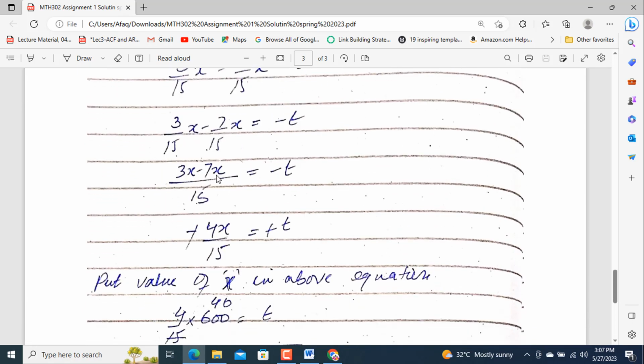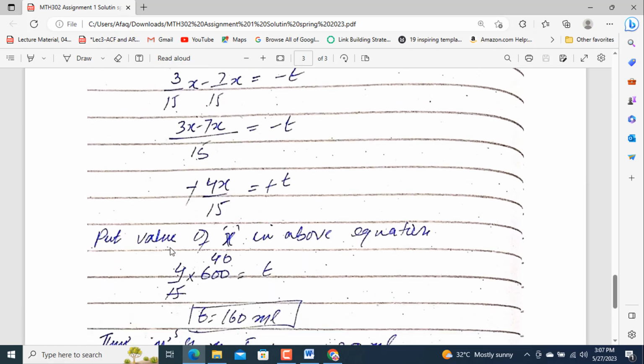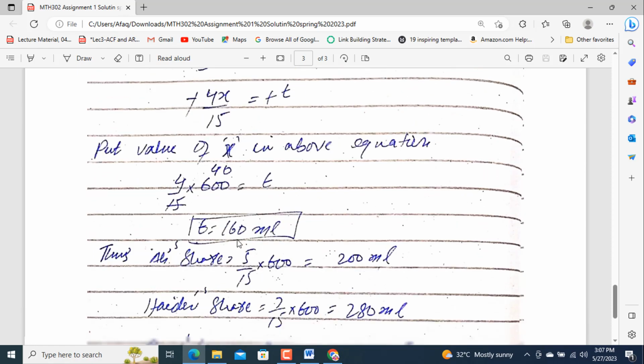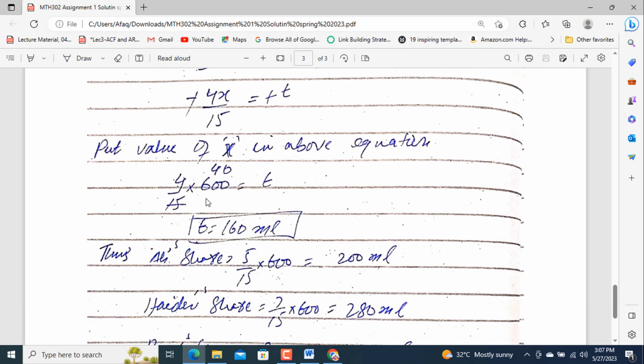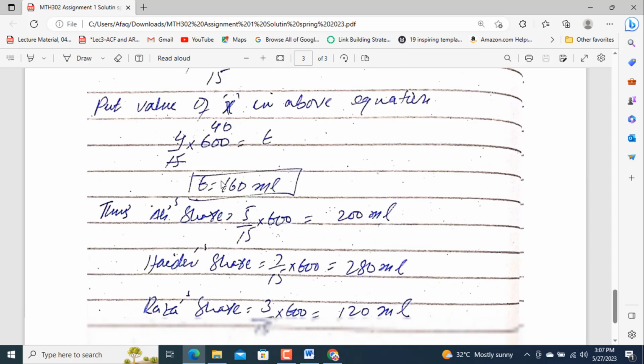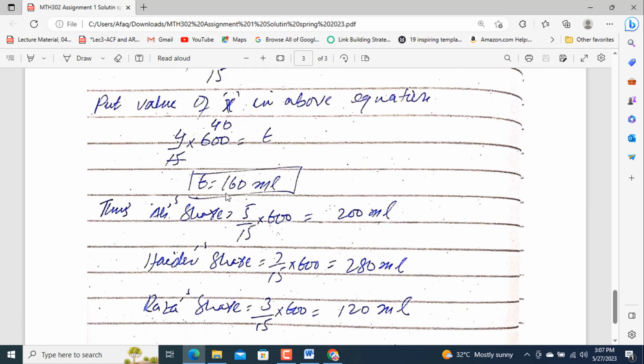Taking the LCM, 3X minus 7X over 15 is equal to minus T, so 4X over 15 is equal to T, the minus signs cancelling each other. Putting the value of X in the above equation, 4/15 into 600 is equal to 160, so T is equal to 160 milliliters. This is the amount that Haider gives to Raza.